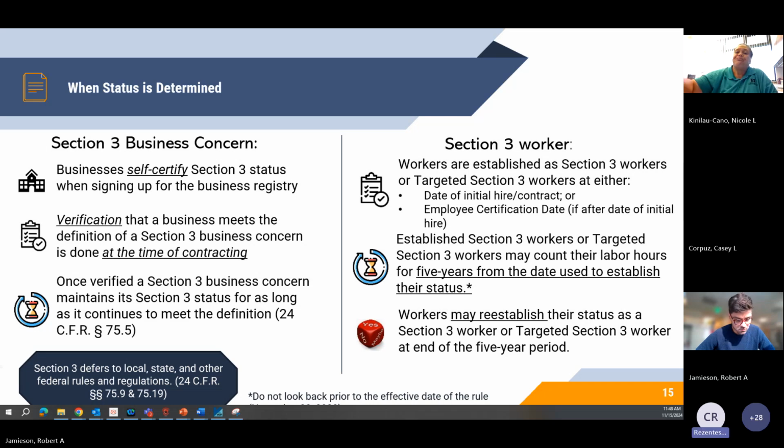So are we saying that as a recipient of NAHASDA, we're supposed to make a program to go look for these kinds of people within the community to get them from Section 3 to better wages or what have you? Because that's not what we're doing with our funds.